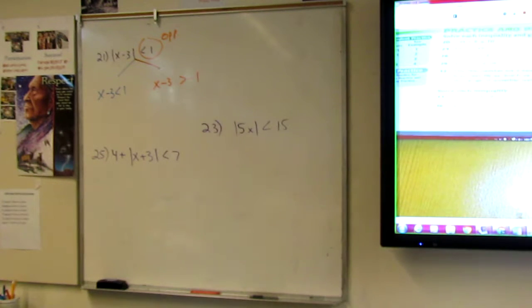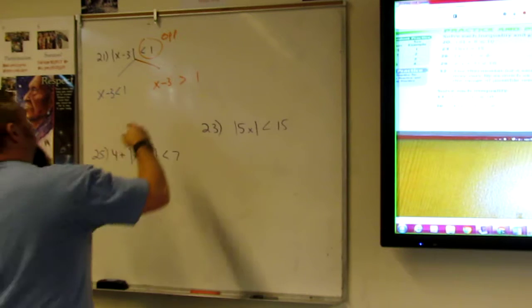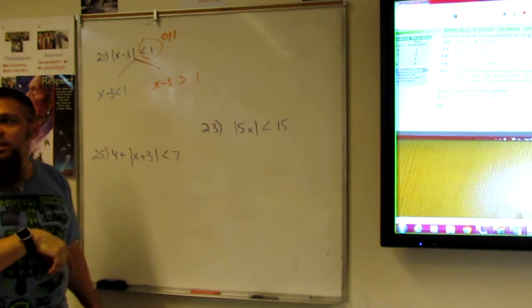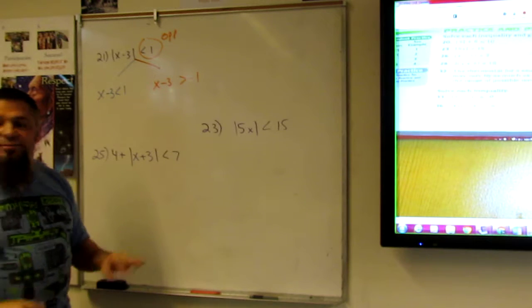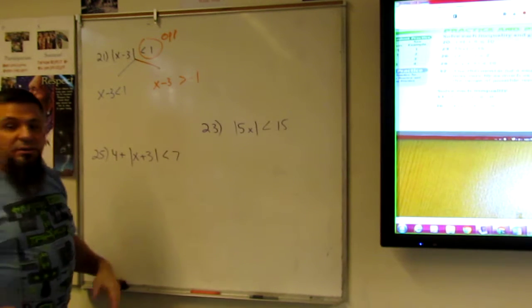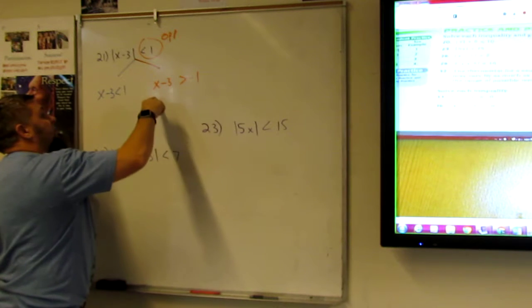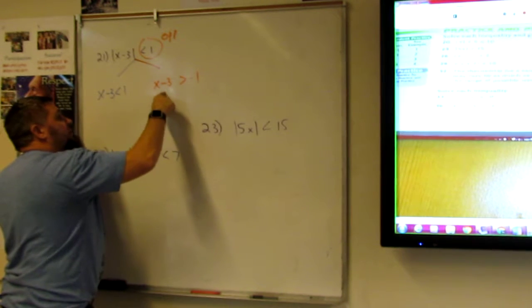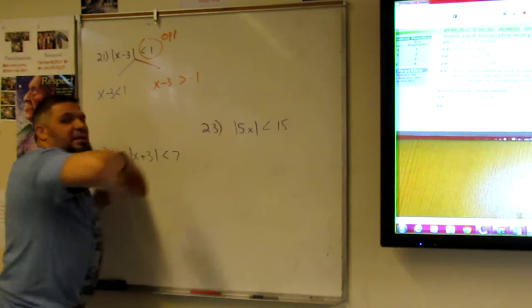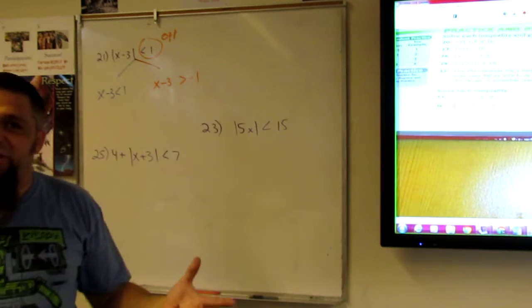On the second one, we want to do the opposite of what is outside of the absolute value. So this side stays as x minus 3. Everything over here gets to change to the opposite.